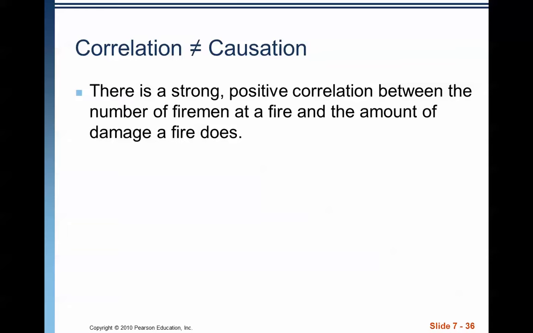There's a correlation between these, because big fires need more firemen, but big fires cause more damage. It's not the firemen that are causing the damage, it's the size of the fire. The size of the fire is going to have large increases in both damage and number of firemen. So these two variables will be related, even though it's the fire that's causing the damage.